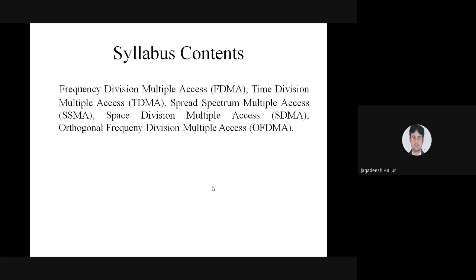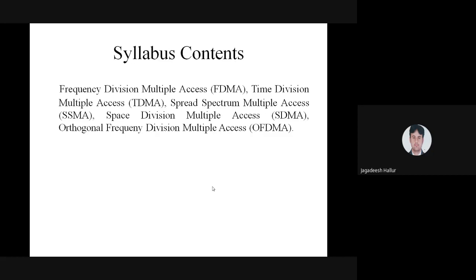Till now, frequency division multiple access, time division multiple access, and code division multiple access. You will ask the difference between these three. What is the difference? In frequency division, a specific frequency is allocated to the individual user instead of time and code.